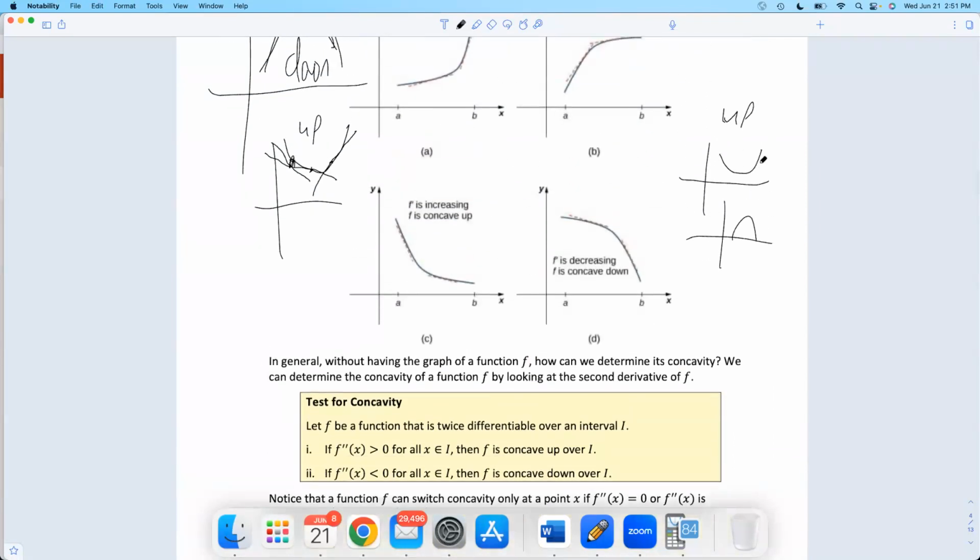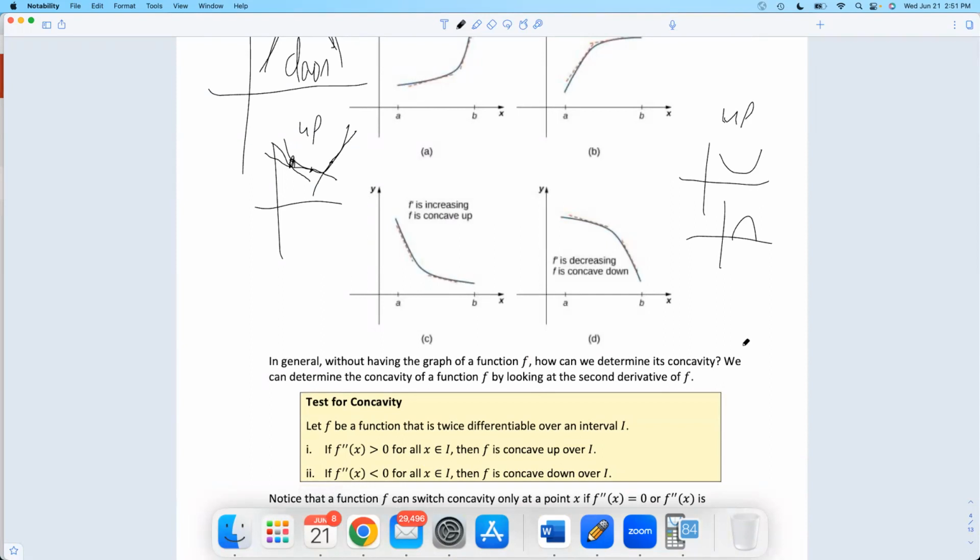So this guy here would have a positive second derivative. When the second derivative is negative, you're concave down. You just got to memorize that. Second derivative positive is when you're concave up.